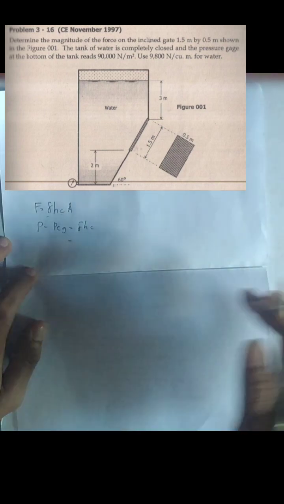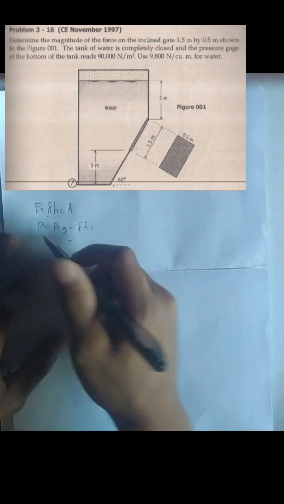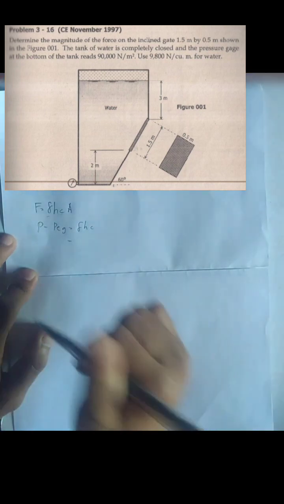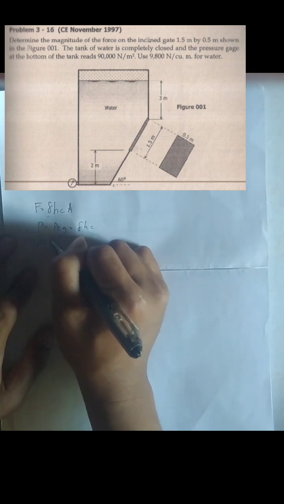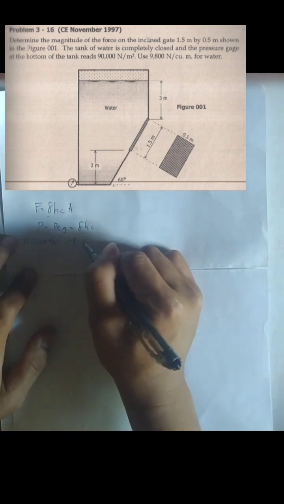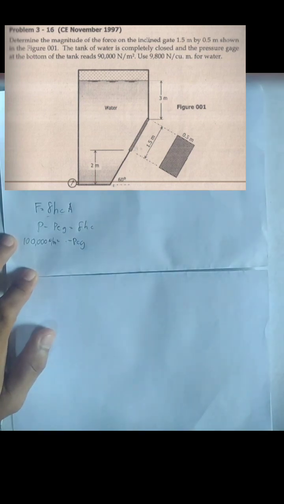What is this P? This P is the reading pressure at the bottom of the tank, so the value is 100,000 Newton per meter square, minus the PCG. What is this PCG? This PCG is the pressure at the center of gravity.